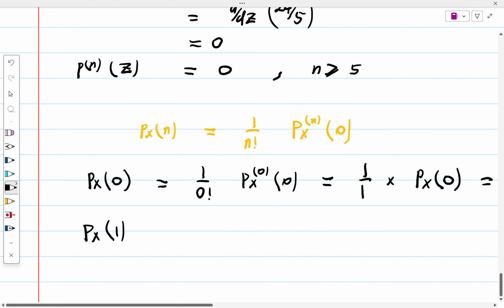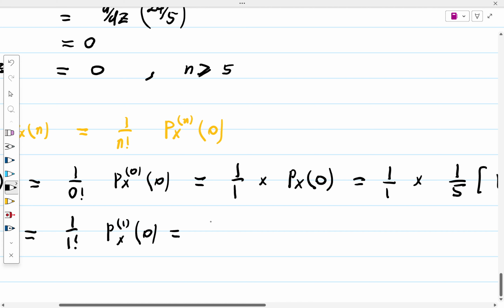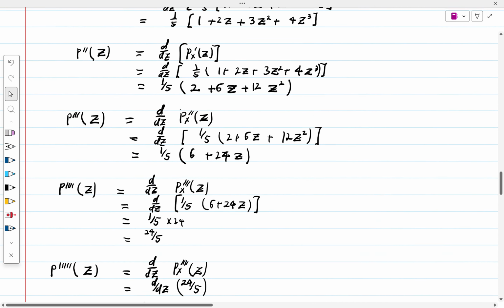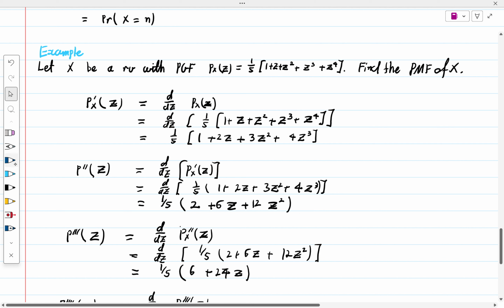P_X(1) is equal to, in this particular case, 1 on 1 factorial times the first derivative evaluated at 0. 1 factorial is just equal to 1. So again, it's 1 on 1 times, I'm going to rewrite the first derivative as P prime of 0, which in this case is 1 on 1 times 1 on 5. Where was the expression we had before for the first derivative?